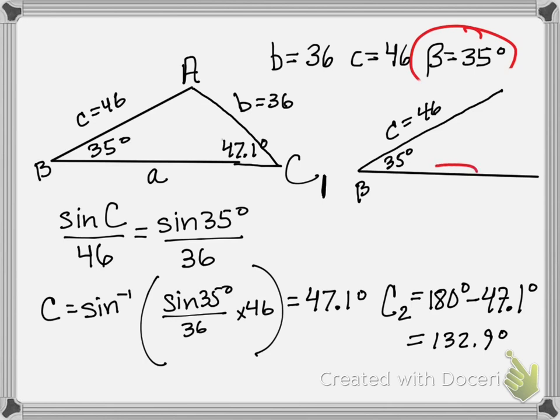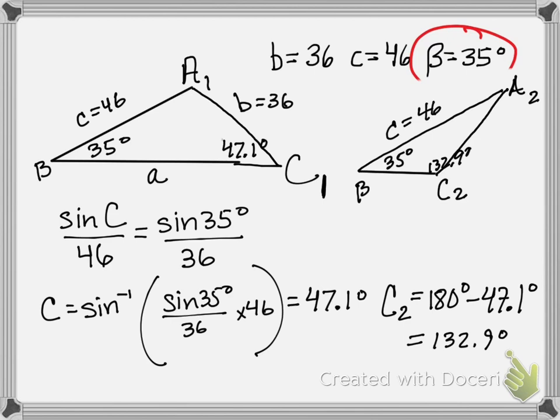Remember, we don't really know what this side is yet, so I extended that more than I needed to. So I'm going to bring that back, and then draw a line in here. And that's going to give me a C2 of 132.9 degrees. And then from there, I'll be able to find a new angle A, which will be A2. And back over at this other triangle, that's A1.